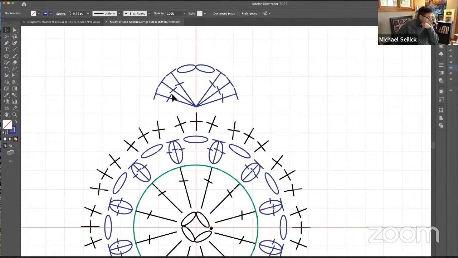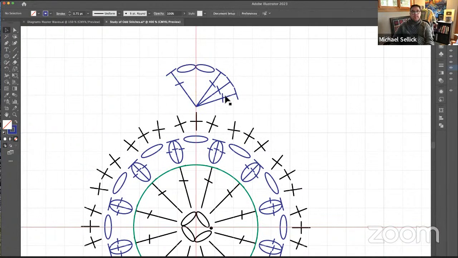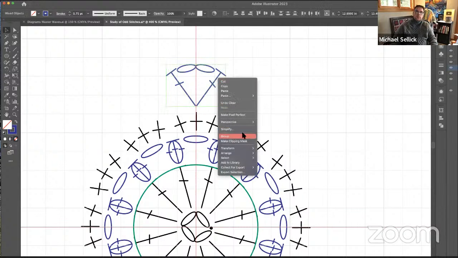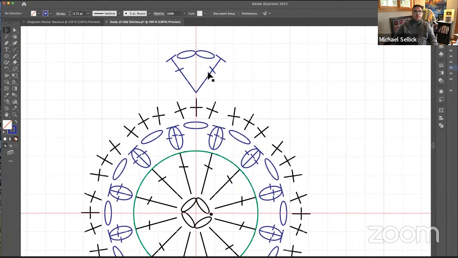Okay, so we're going to do that. So we're going to get rid of that out. And then I'm going to group this together, group. And I want to see how much space I have in between.